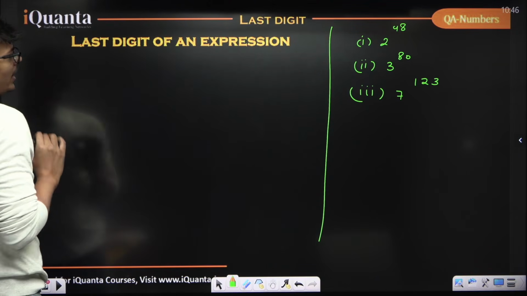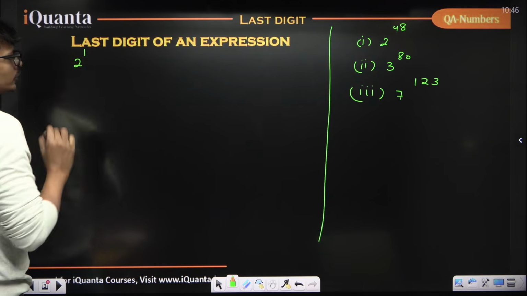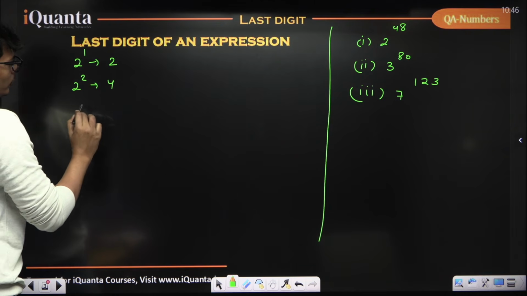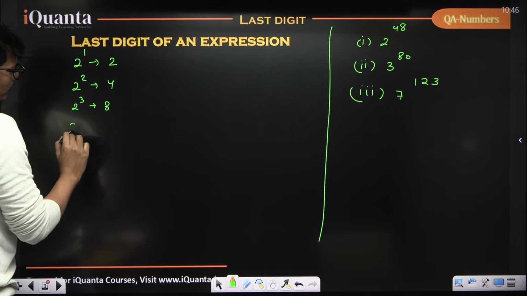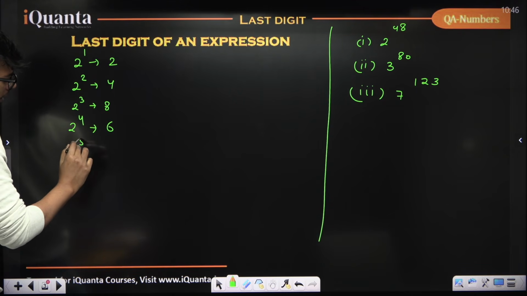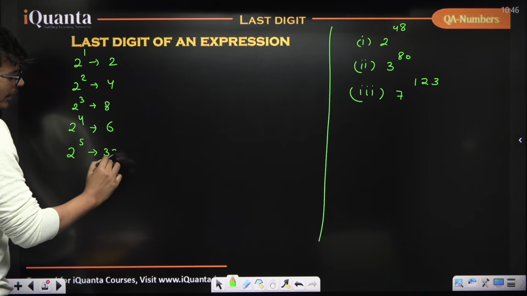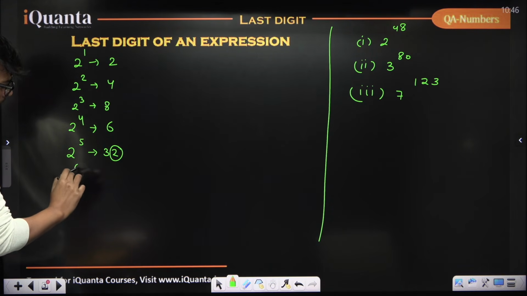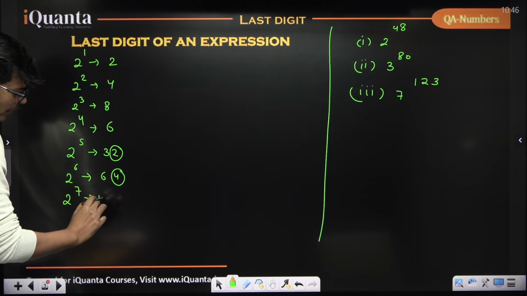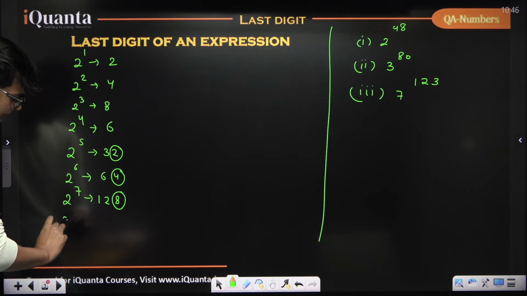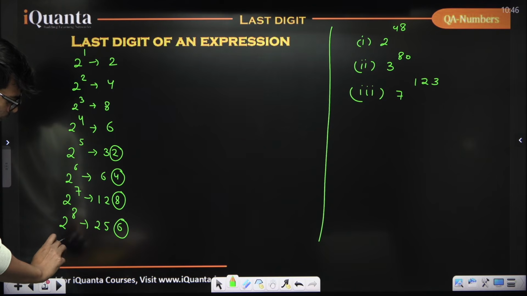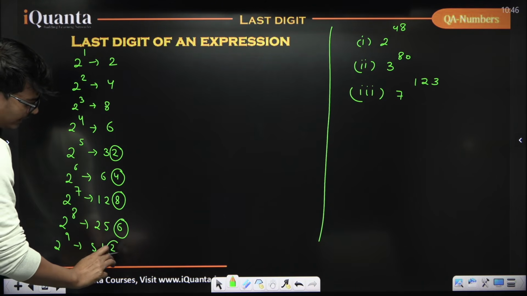If I ask you what is 2 raised to the power 1, that is 2. 2 square is 4, 2 cube is 8, 2 to the power 4 is 16. 16 ends with 6. 2 raised to the power 5 is 32, which ends with 2. 2 raised to the power 6 is 64, ends with 4. 128 ends with 8. 256 ends with 6. 2 raised to the power 9 ends with 2, and so on and so forth.